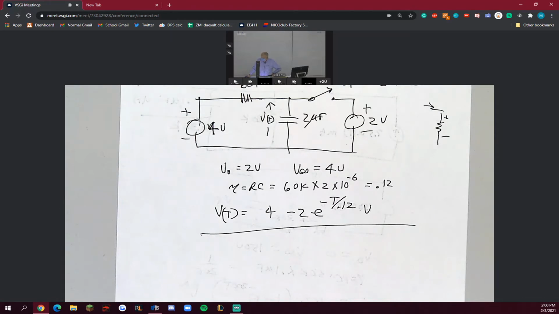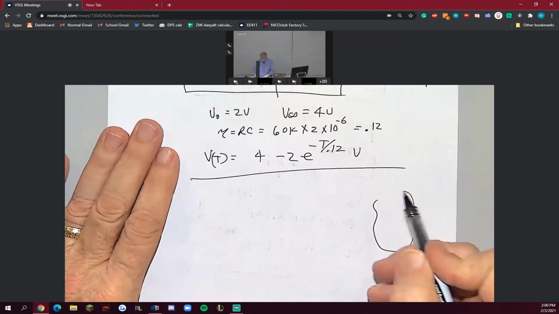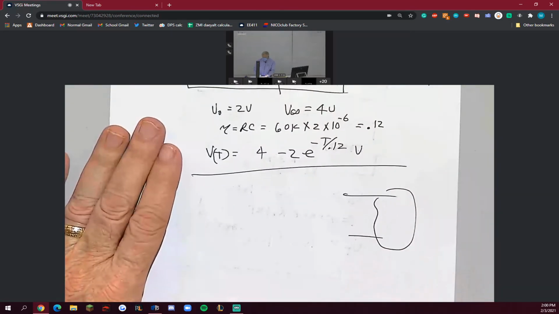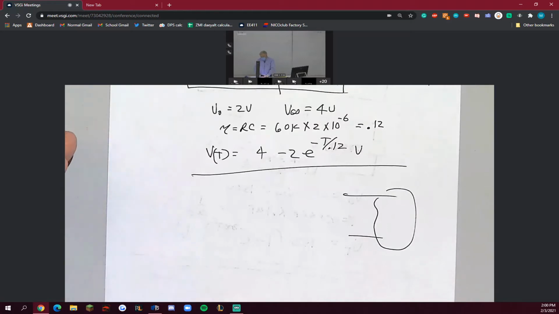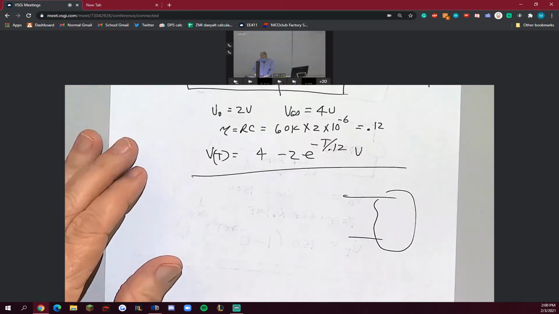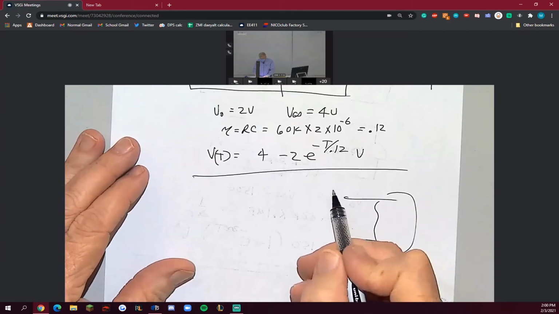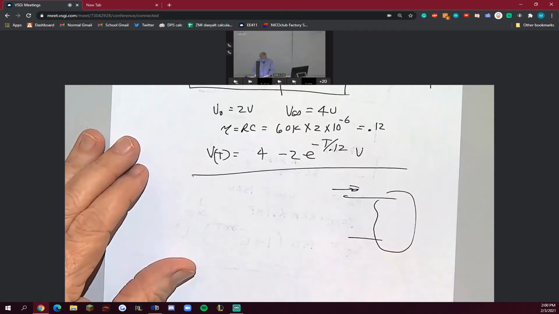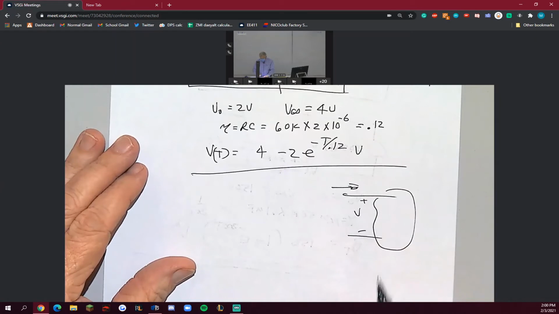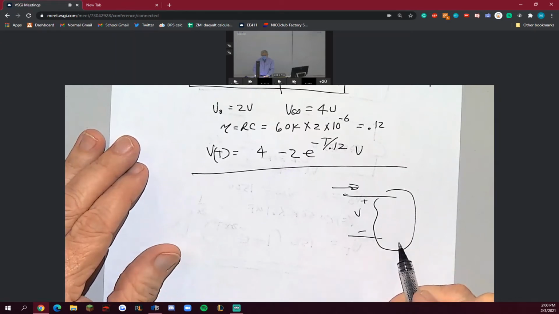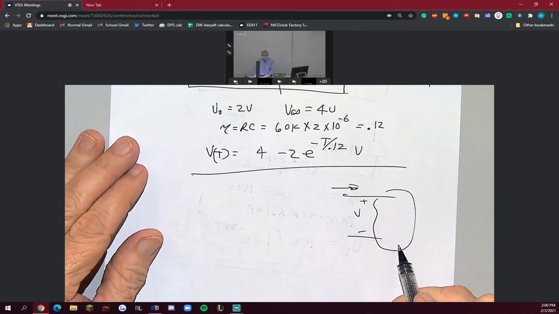and basically it says that we can take most anything that has 2 terminals, and we'll say that if there's current going into this terminal and the voltage is plus and minus, then this thing is absorbing energy.